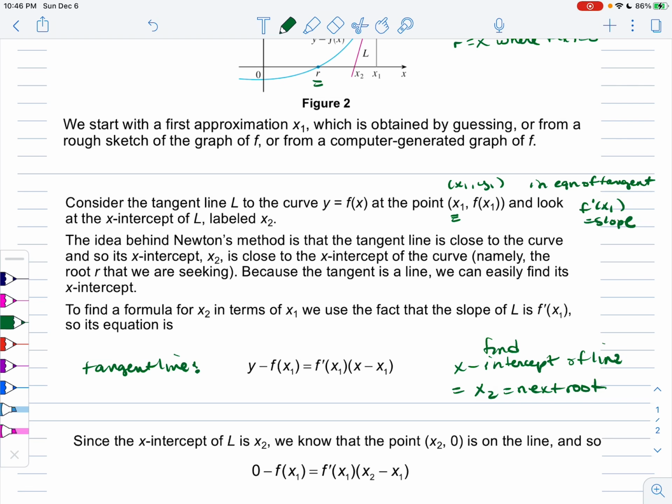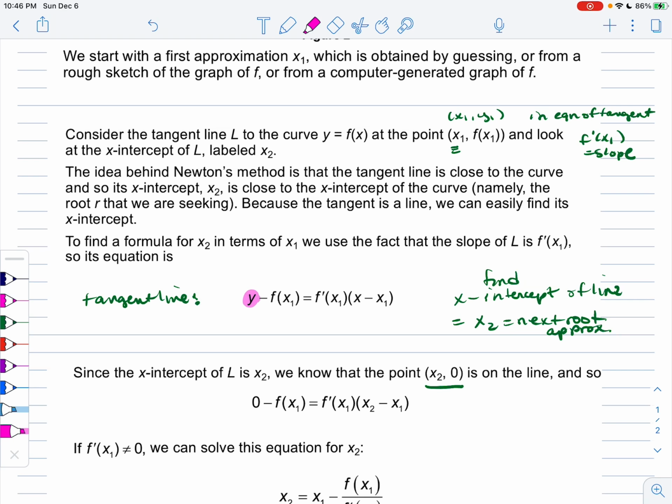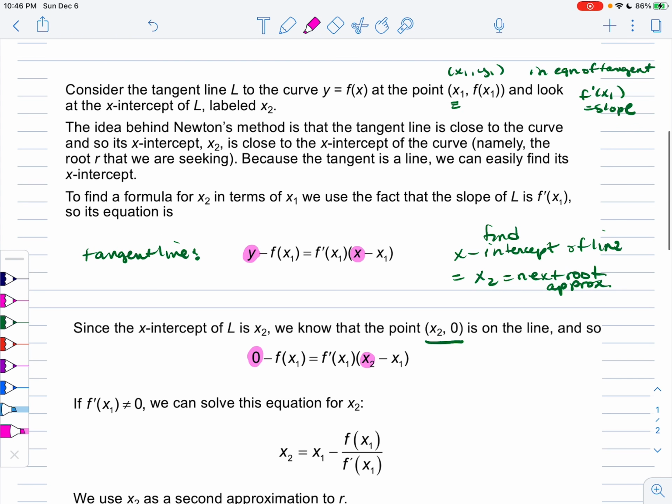So again, since our x sub 2 is going to be our next root approximation, we would use that, and it's on our line, so we can take that point and put it into the equation of our tangent line. So we would be substituting our y value and substituting our x value. So down here we would substitute y would be our output, 0, and x2 would be our input. And now we can actually solve for x2.